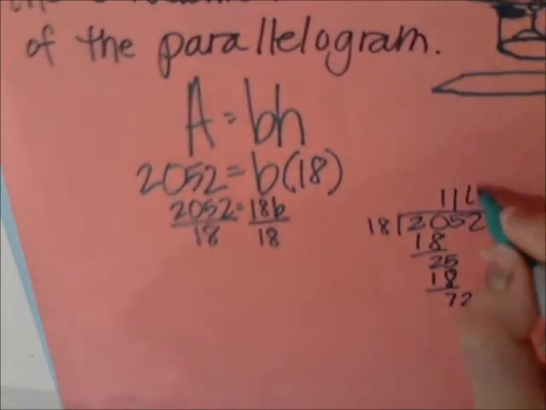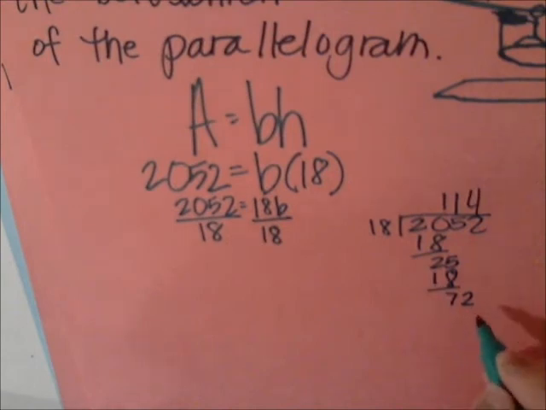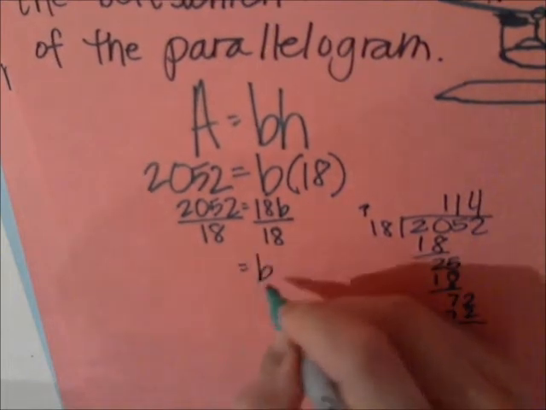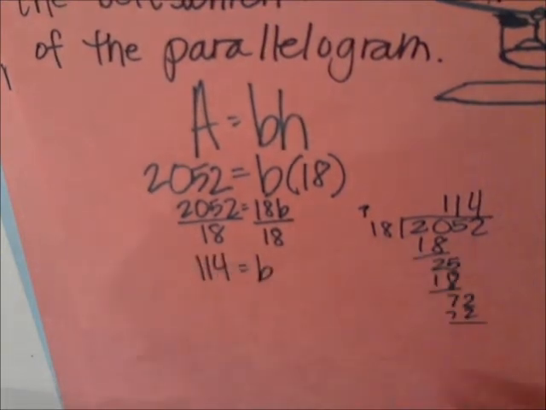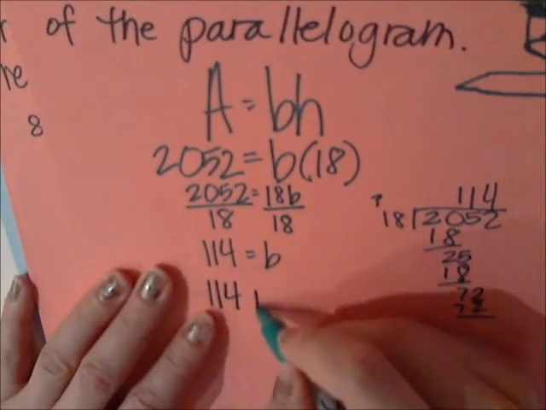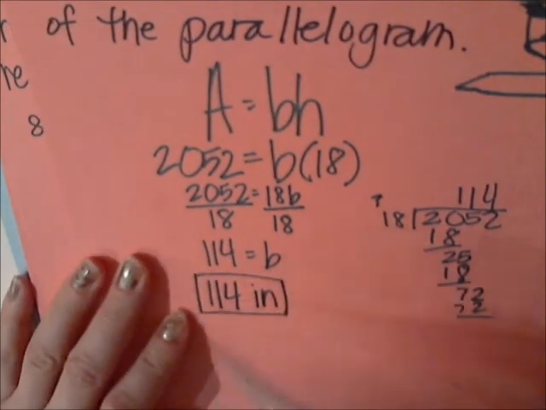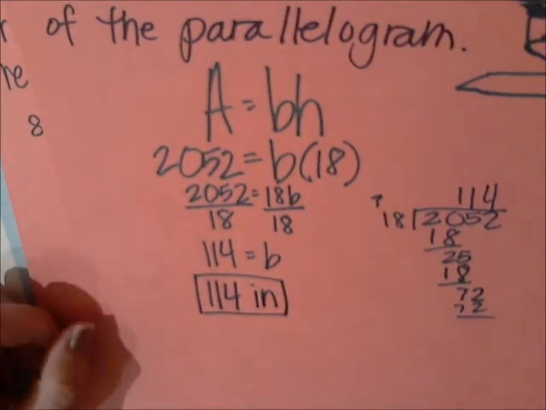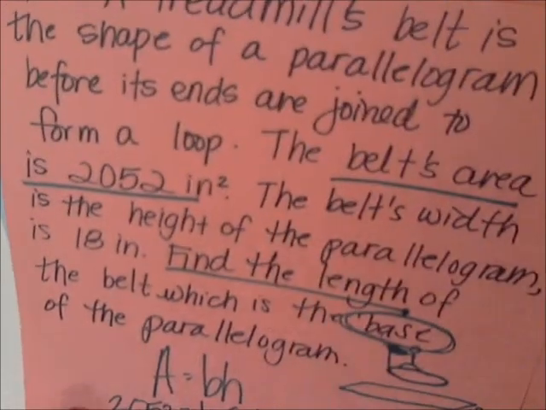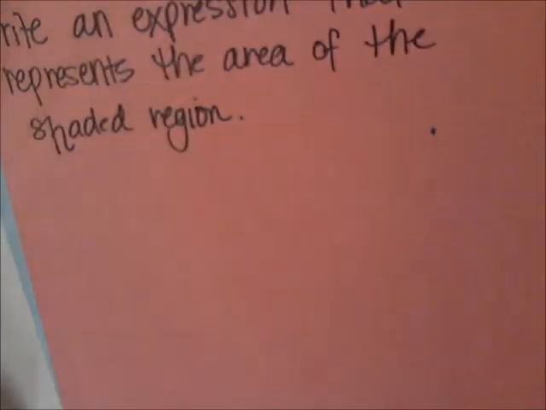I'm going to guess 4, because I know that 230, 272, woohoo, 114. The base is 114. I'm going to assume that's 114 inches. Yay. Lots of words. I had to underline and ignore some of that information, but we got through it.